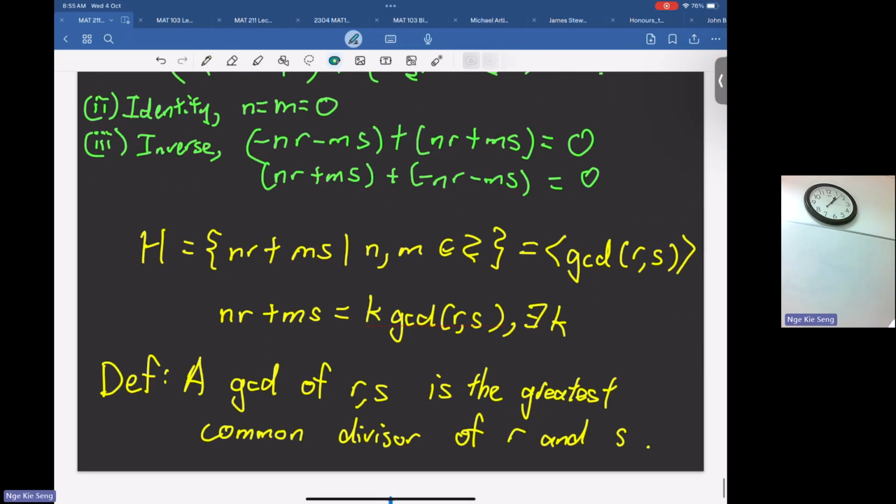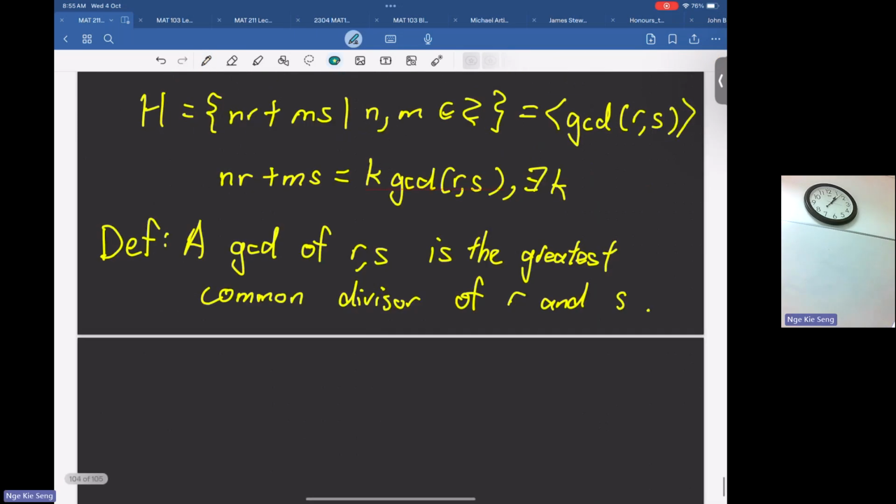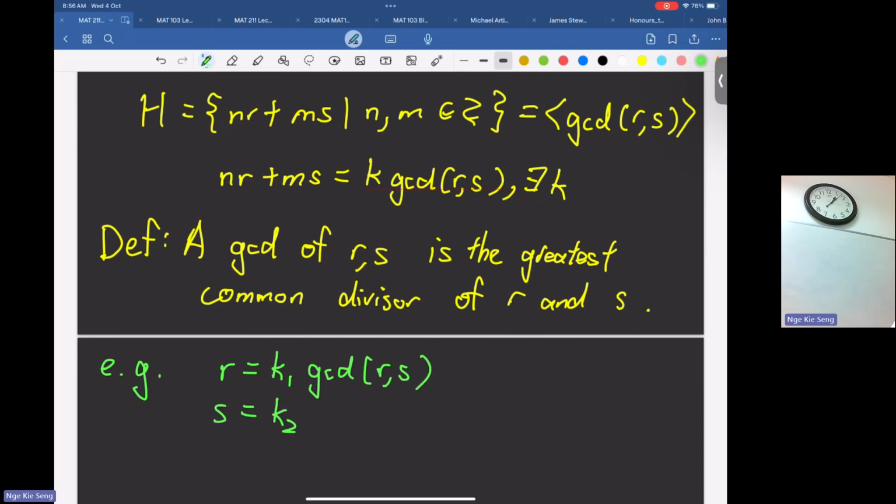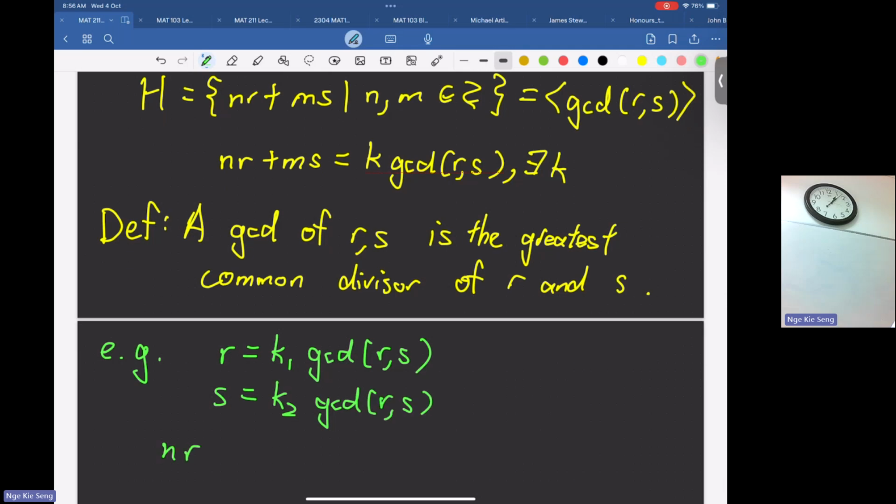Okay. So let me write some more things. For example, r is equal to k1 times GCD of r and x, and x is equal to k2 times GCD of r and x. So in general, nr plus mx can be written as n times k1 times GCD of r and x, plus m times k2 times GCD of r and x.